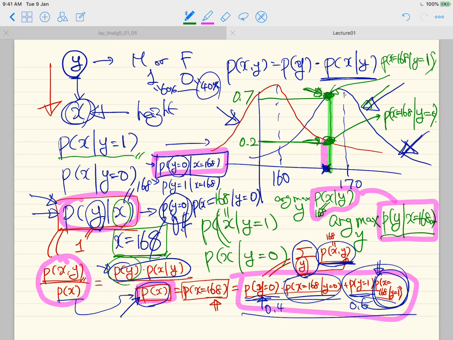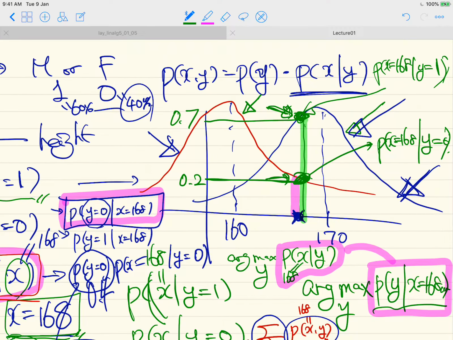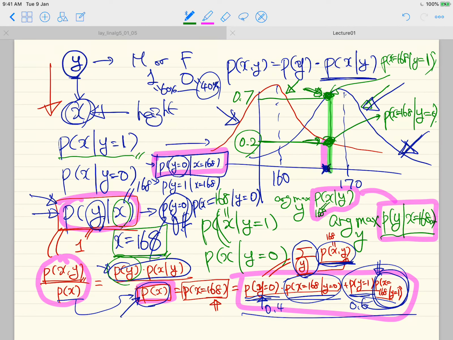That should come from this red line, because the red line is the height distribution when the gender is fixed as female. So the numerator is 0.4 times 0.2.